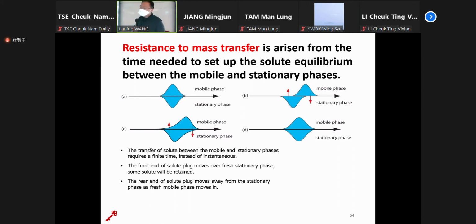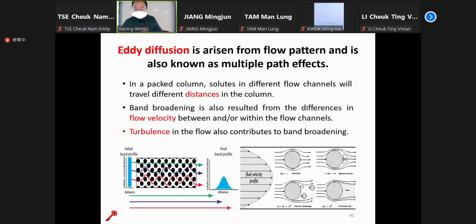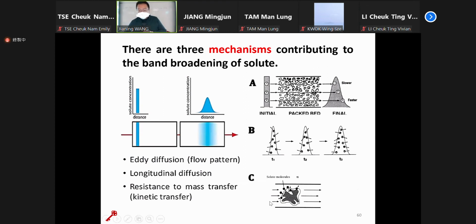In real chromatographic separation, we found the non-equilibrium process contributes to band broadening. So let's go back to this. The term C happens in this region, right?